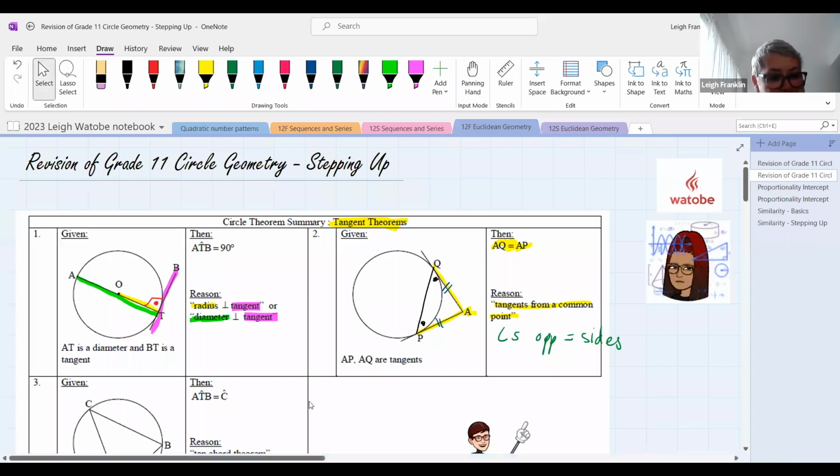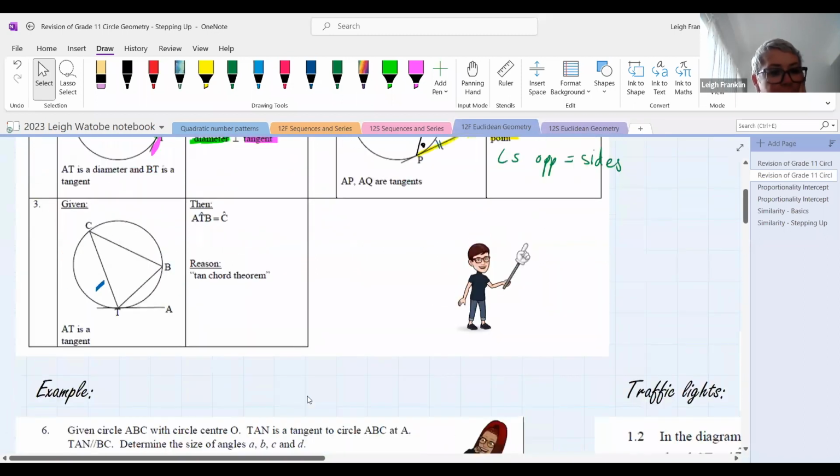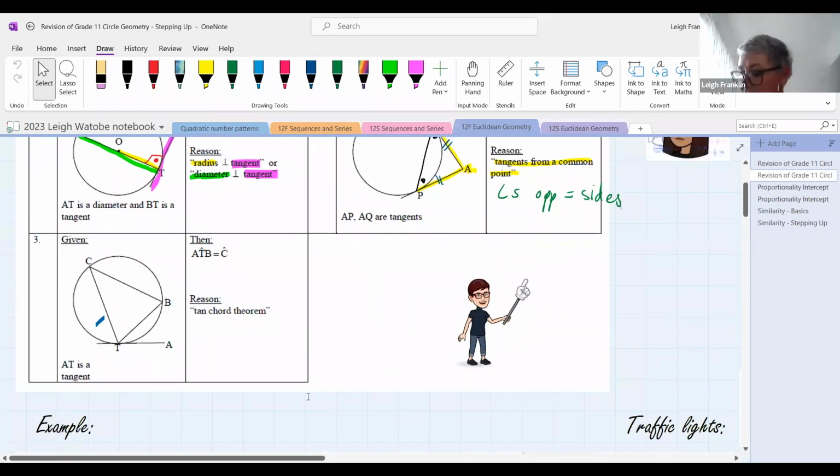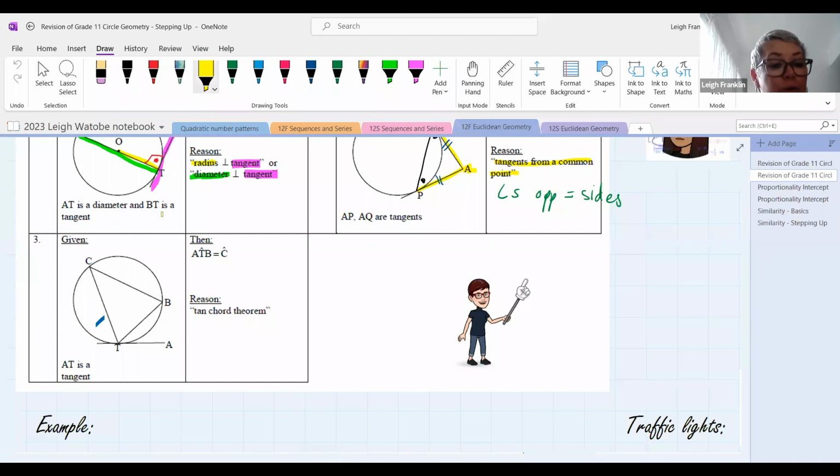Okay, then the last one, as far as tangents are concerned. All right, so here AT is a tangent to the circle, so there is AT. And inside the circle, we have a chord, and that chord connects to this point over here on the circle.